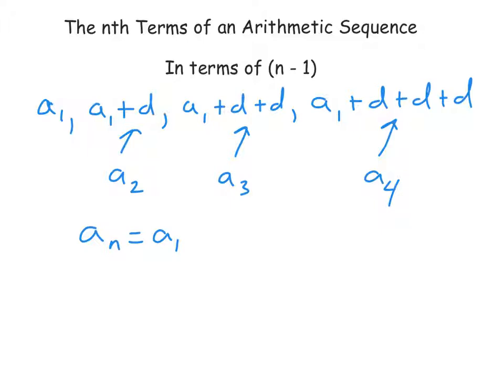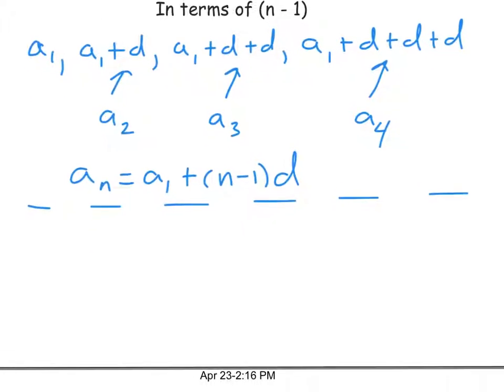If you wanted to get the second, it was added once. Third, d was added twice. Fourth, it was added 3 times. So that's why I'm putting it in terms of n minus 1. So that formula is really good to use, really slick for writing an arithmetic sequence, which we'll do on the next slide.